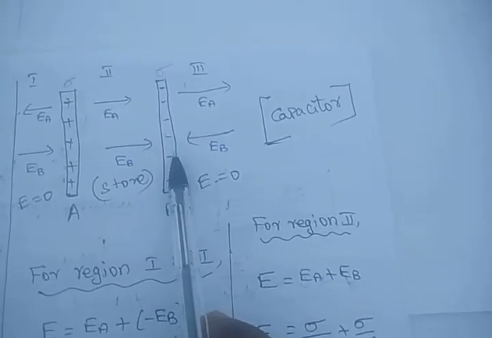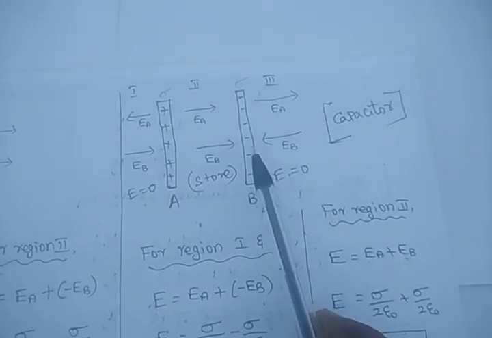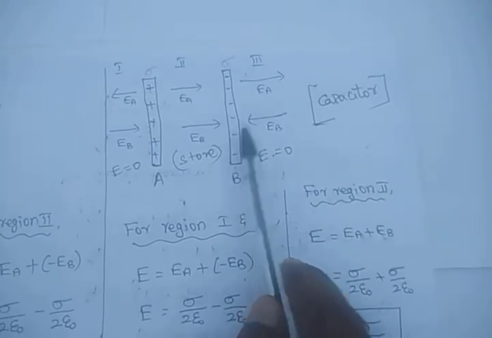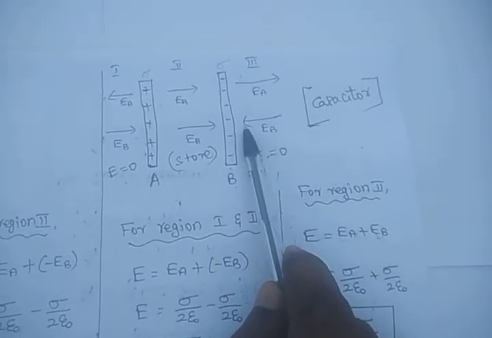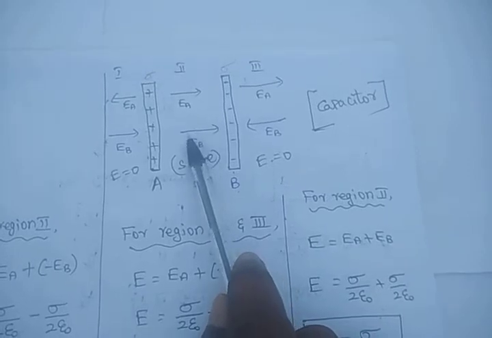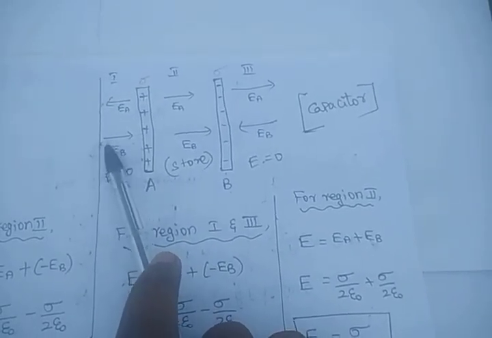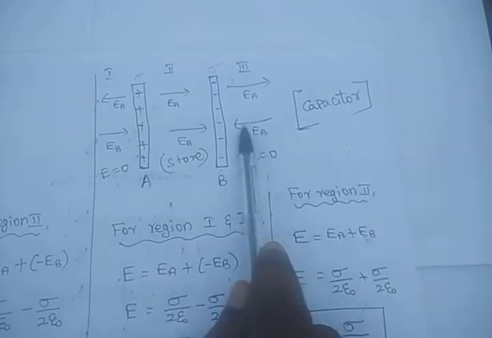But for the negative plate, the electric field vector will be towards the negative charge. So in region 3 it will be towards plate B, in region 2 also towards plate B, and in region 1 also the electric field due to plate B will be towards it.